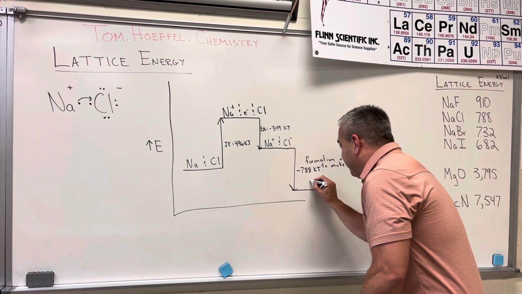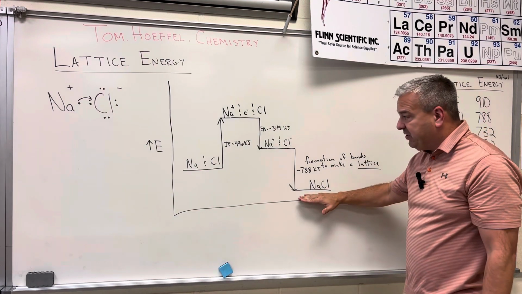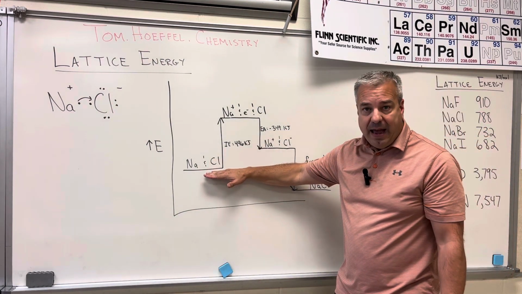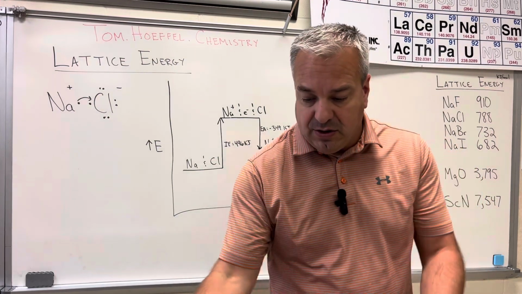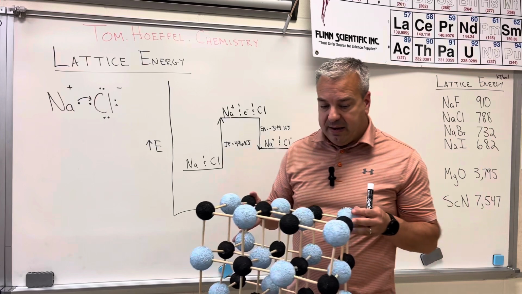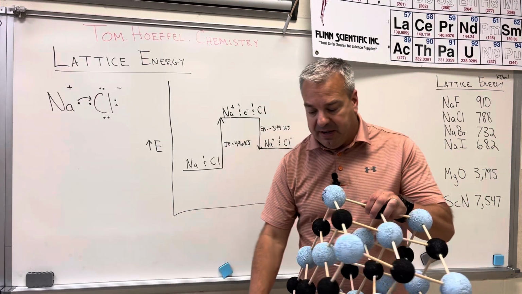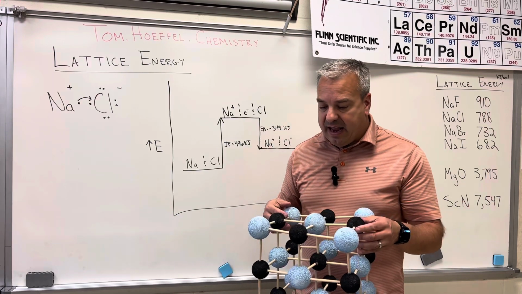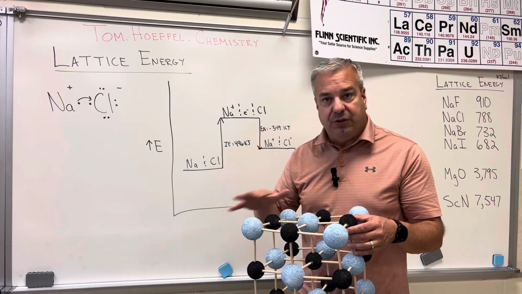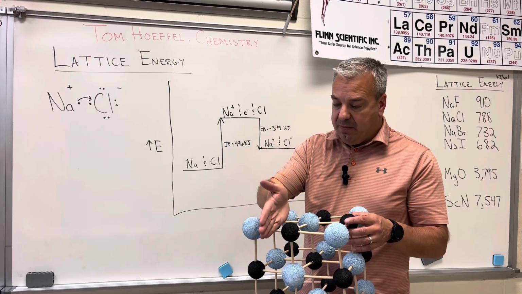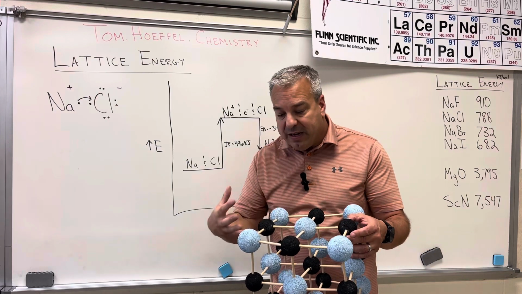And you find out that this compound, sodium chloride, is going to be much more stable than the sodium atom and the chlorine atom altogether. But it's because we formed all of these bonds. Now, one of the misconceptions that people have coming into chemistry is they think that energy is released when you break the bonds, and that's not true. If I want to break all of these bonds, it requires energy for me to do that.